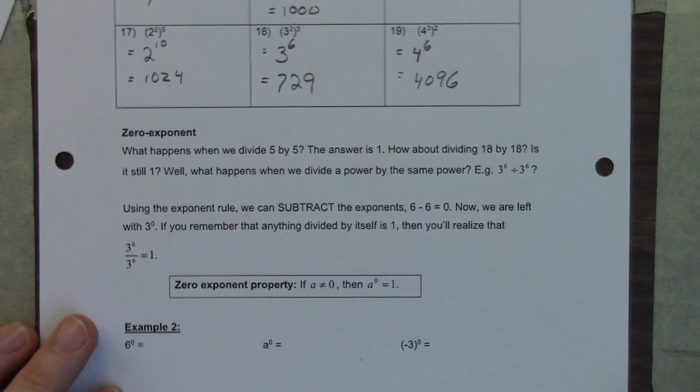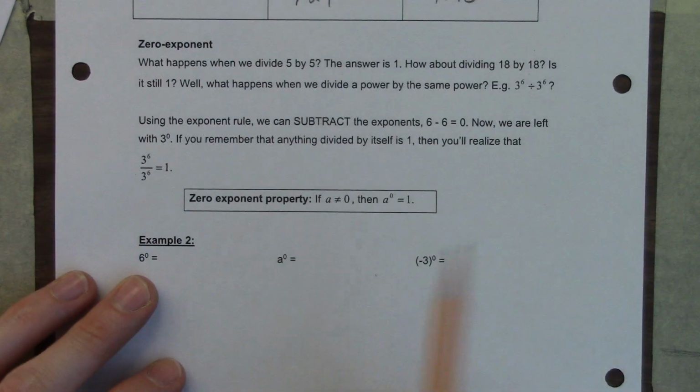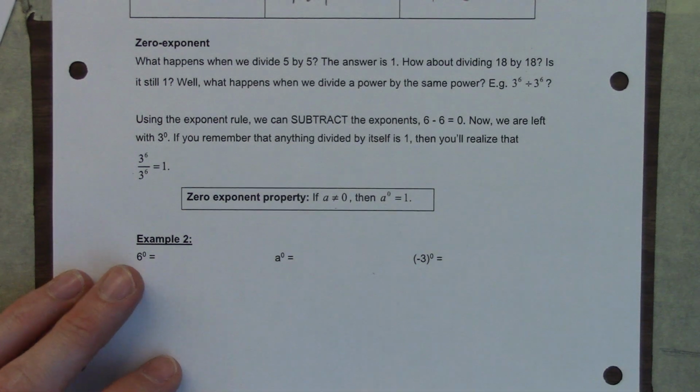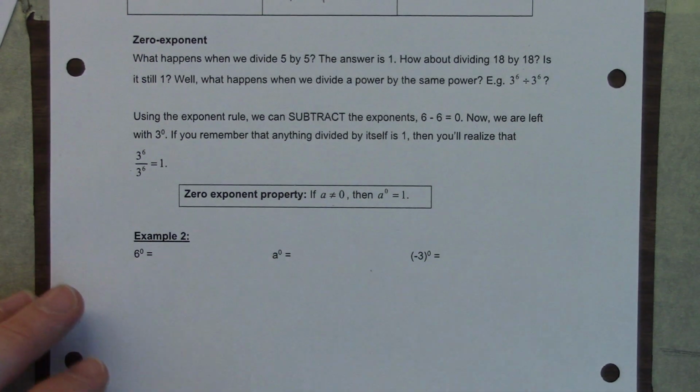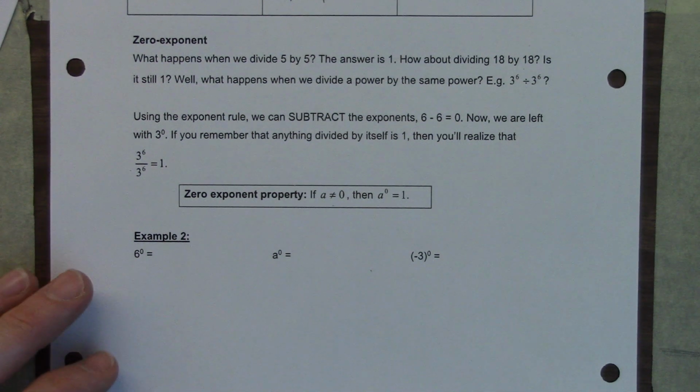So just like if we had 10,063 divided by 10,063, we're going to get 1. So therefore, if a is not equal to 0, then a to the exponent of 0 is equal to 1. And this includes negatives, right? If we have negative 8 divided by negative 8, it's still going to be 1.